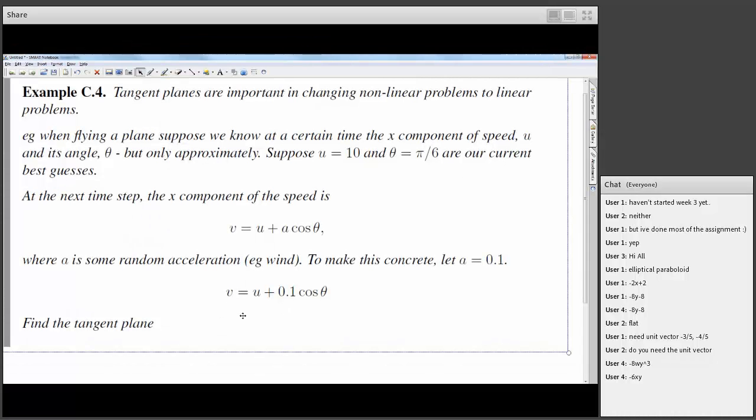This particular one here is nonlinear. So v is a nonlinear function of u and theta. If it's all linear, they're a bit easier to handle, and you can do linear algebra techniques to handle that sort of stuff. When it's nonlinear, they get a bit harder, and so as long as you make the updates pretty frequently, then you can do a reasonable approximation of converting these to a linear problem.